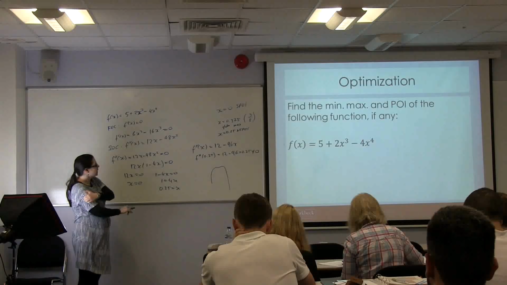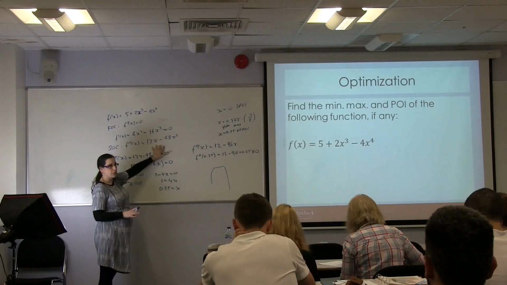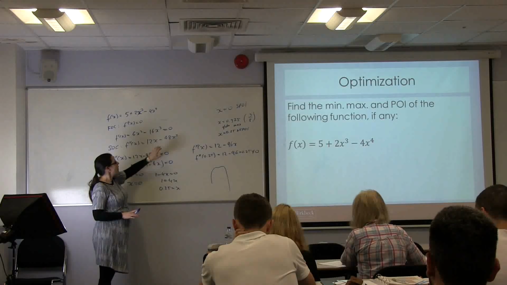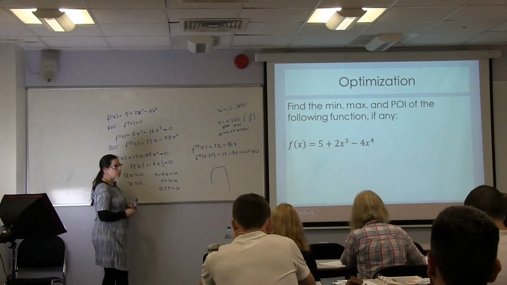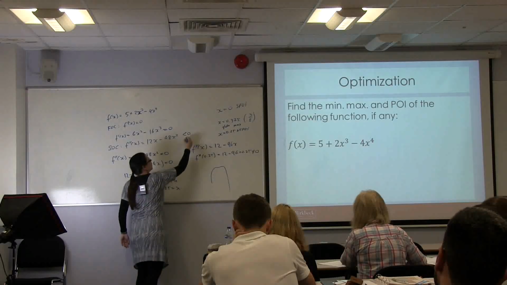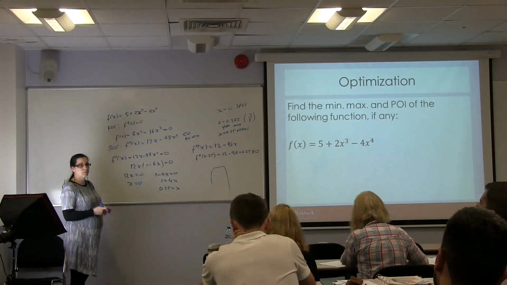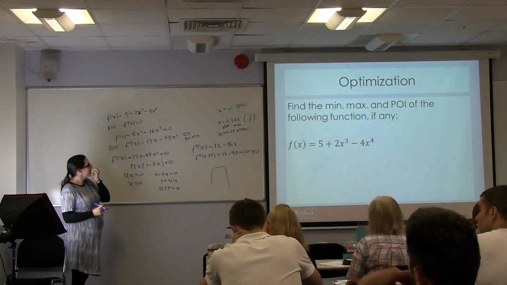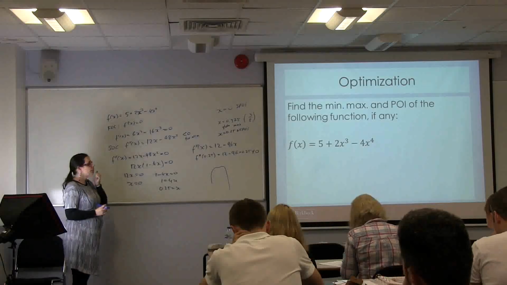So global maximum means that this has to be negative for all possible x's. Why do you think that is true then? So this one is negative for all x, because the second term's always bigger than the first.